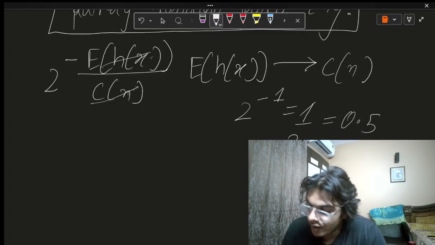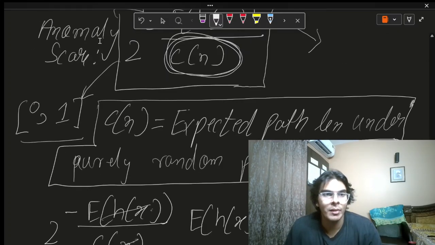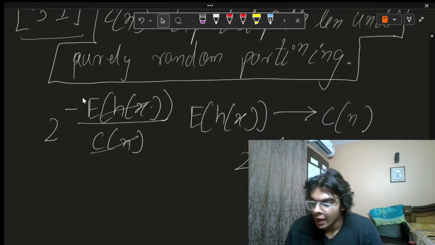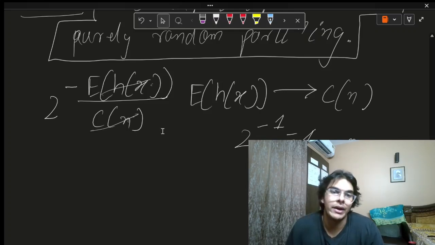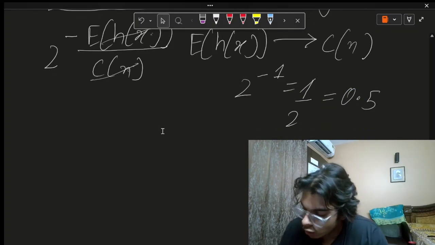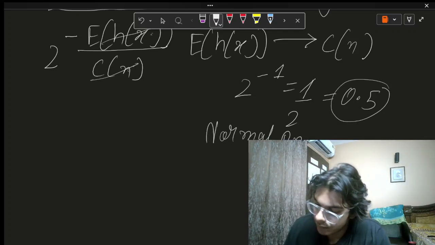So 0.5 is the middle value between 0 and 1. As we discussed, the anomaly score can lie between 0 and 1. And since it is in the middle, 0.5, it means that this is a typical normal point. So whenever we get this anomaly score, we can say it is nothing but a normal point.